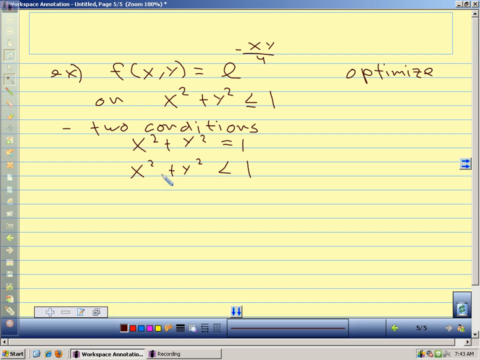We're going to use methods that we've already talked about. So for this one, we're going to use Lagrange multipliers. And for this, we're going to use partial derivatives. So let's look at the boundary first. On the boundary is where we're going to use Lagrange multipliers.